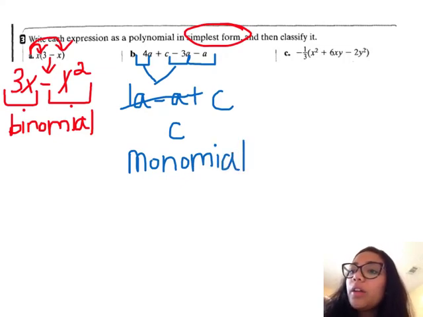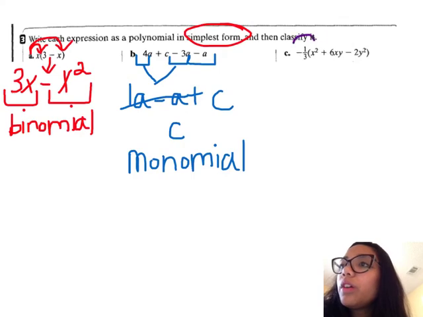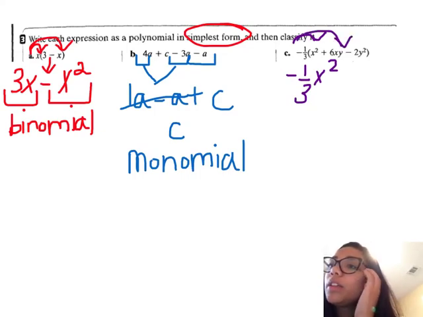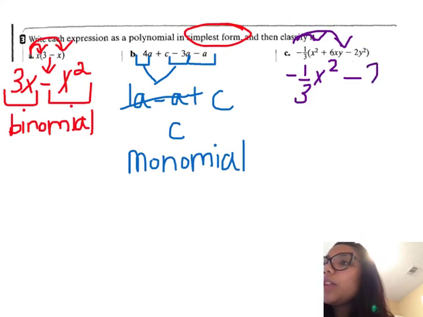Okay, so now I'm going to go ahead and do the next one. 1/3 x squared is negative 1/3 x squared. Negative 1/3 times 6xy is negative 1/3. 6 divided by negative 3 is the same thing. So 6 divided by negative 3 is minus 2xy. And then plus 2/3.